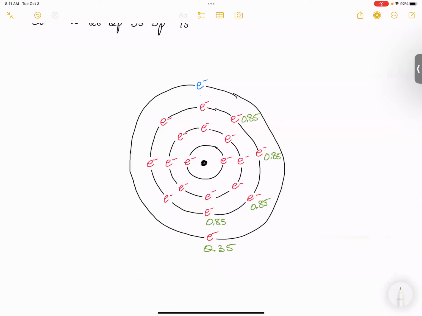So all the electrons in the 3s and the 3p contribute 0.85 to the shielding of the overall atom. Then we move on to the electrons inside. All the electrons in the 2s and 2p and in the 1s contribute a full 1.